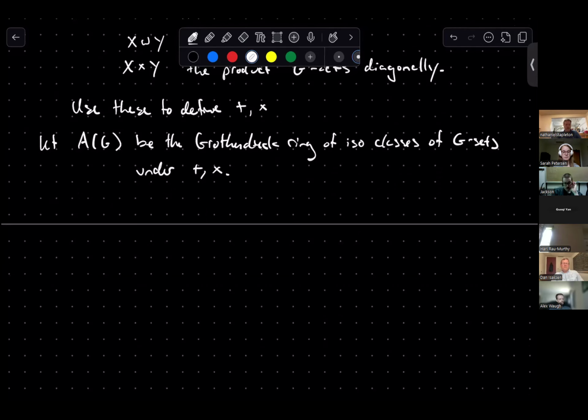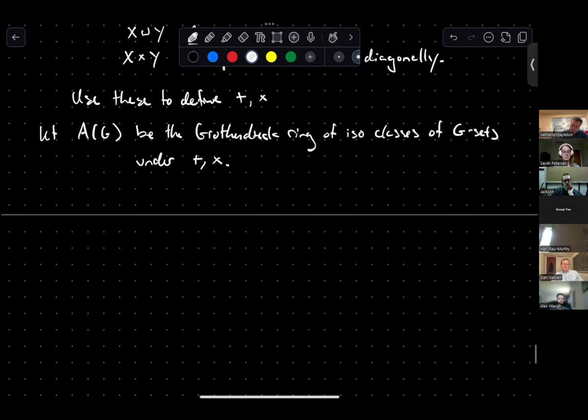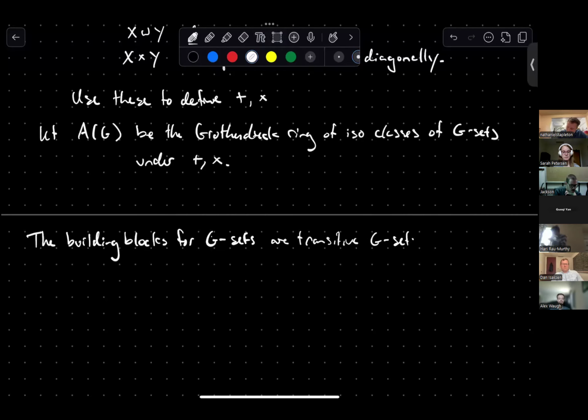So every G-set can be decomposed as a disjoint union of transitive G-sets. So the building blocks for G-sets are transitive G-sets.